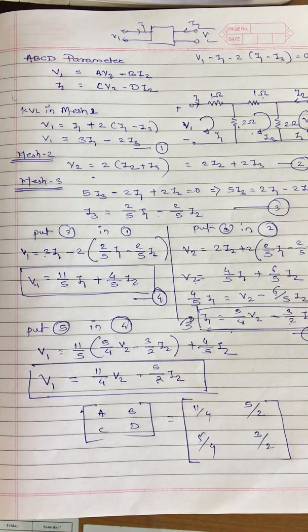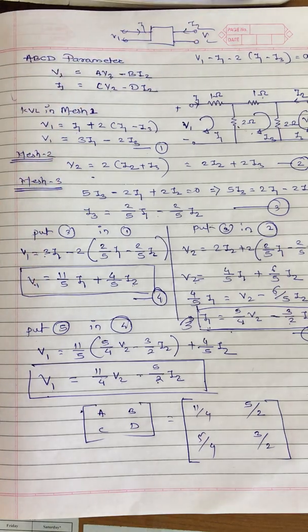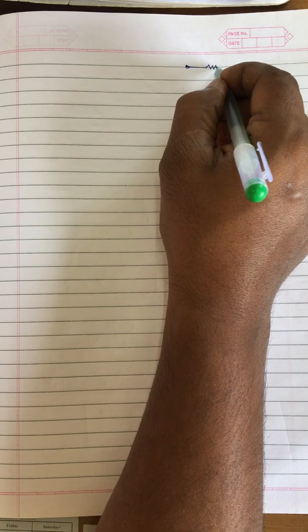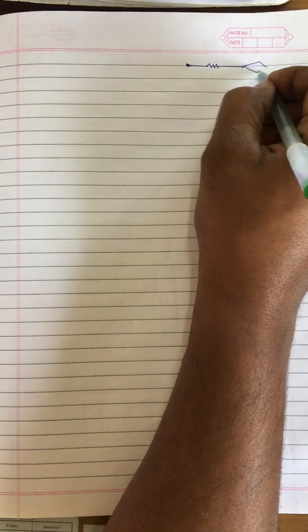Now we will solve another example with dependent sources. So I am having a new circuit here like this, minus plus.